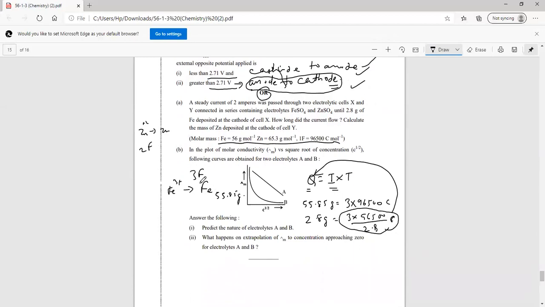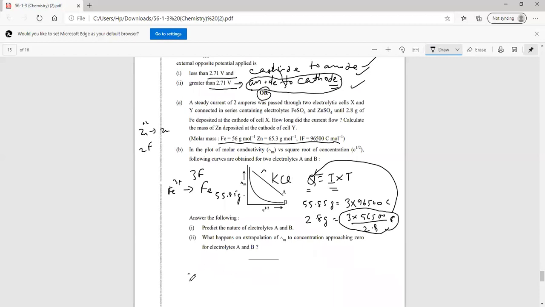Next is, in the plot of the molar conductivity, lambda m versus the square root of the concentration is given. All right. So we have to predict the nature of the electrolytes A and B. Very clearly, A represents a strong electrolyte. All right. So it is a strong electrolyte like KCl. If you remember the diagram in your NCERT book for this, it is just like a strong electrolyte.